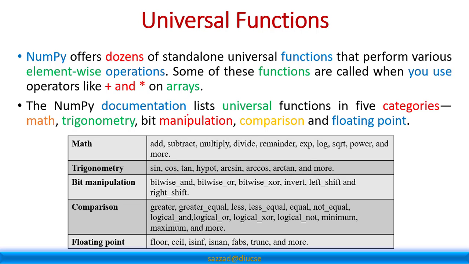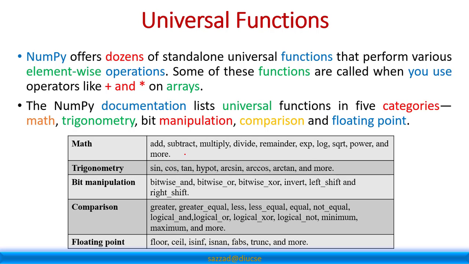The NumPy documentation lists universal functions in 5 categories: math, trigonometry, bit manipulation, comparison and floating point. In math and trigonometry there are a number of functions, so we are going to see some examples of those functions.